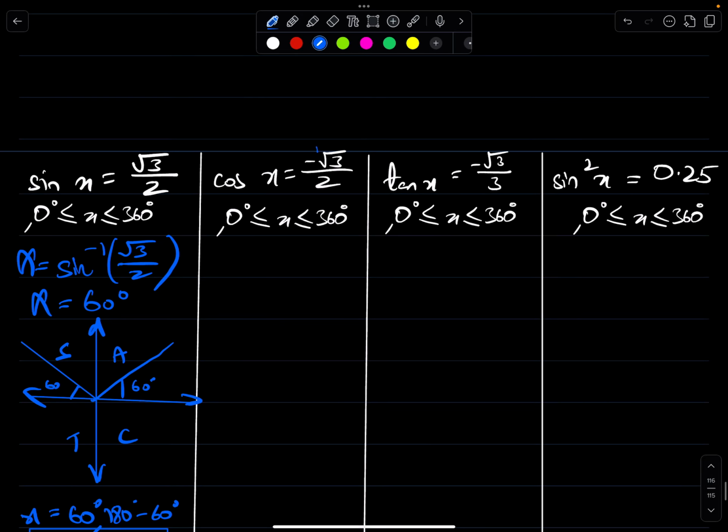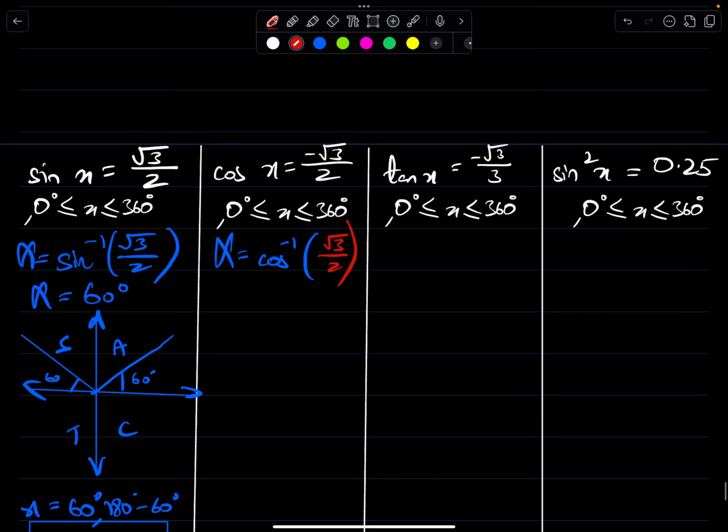Then cos is negative in the second and third quadrants, and we do not need to alter the range. Thus, we start by finding the basic angle, which turns out to be root 3 over 2.